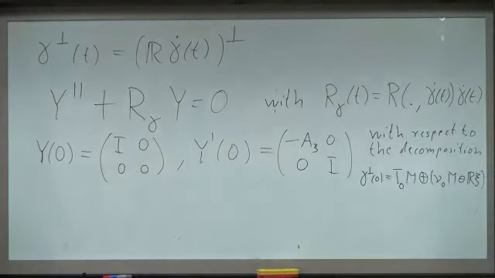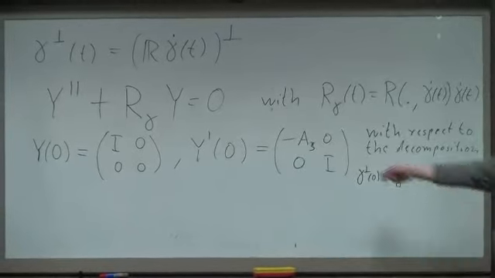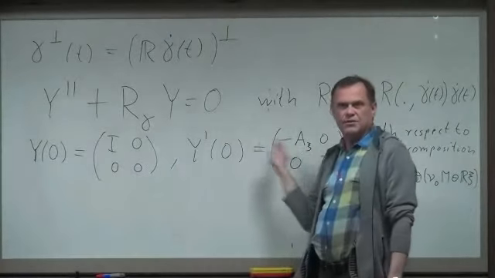So what we decompose is a hyperplane. This hyperplane at this point decomposes into the tangent space of M at O and the remaining part of the normal space. So this gives us a decomposition here for the initial values.